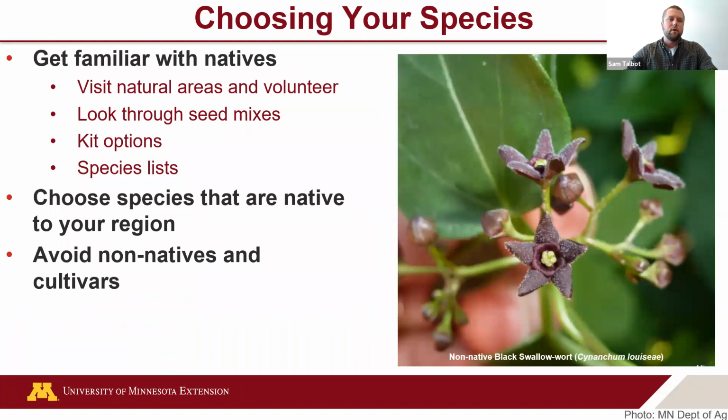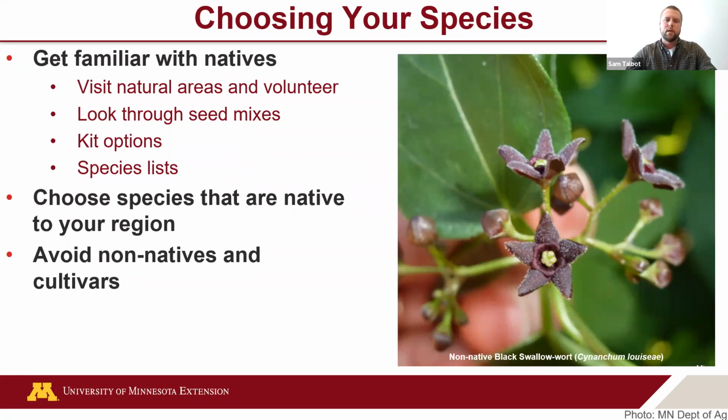And then avoiding non-natives and cultivars. This is more of a suggestion, especially if your goal is to restore native prairie. And I would argue that there's plenty of native options. So one reason that we want to avoid non-natives is sometimes there are negative effects to the pollinators.